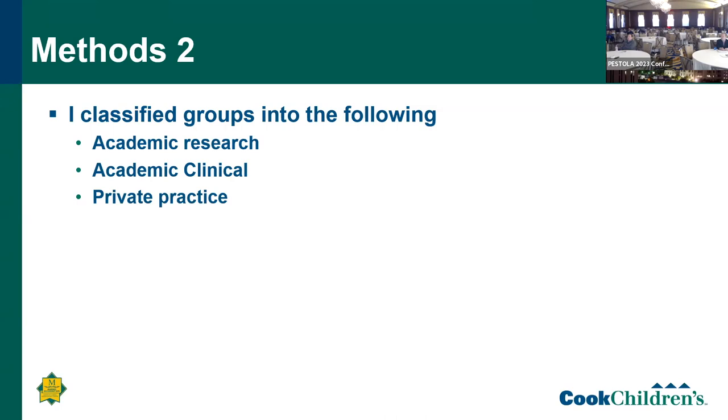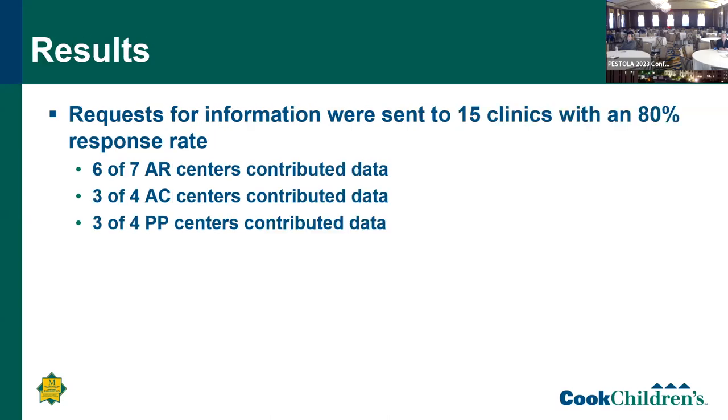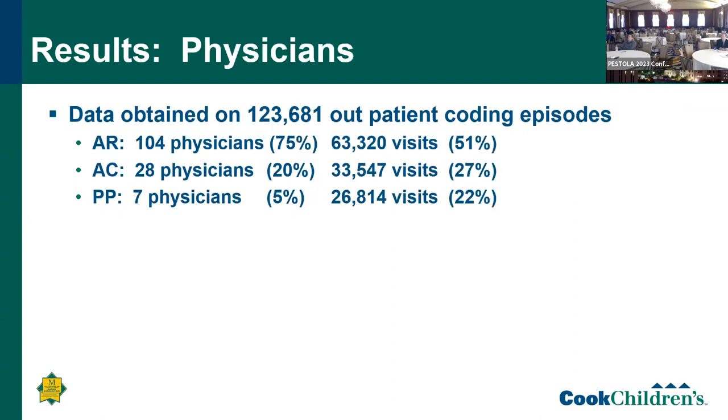And then we looked at some people in private practice, and we wanted to try and understand what are the differences. We got pretty good feedback. 80% of the people gave us back data. You can see there the breakdown. One of the problems was they didn't give us the data back exactly the way we wanted, so I couldn't analyze everything, but we were able to get a good shot of the data.